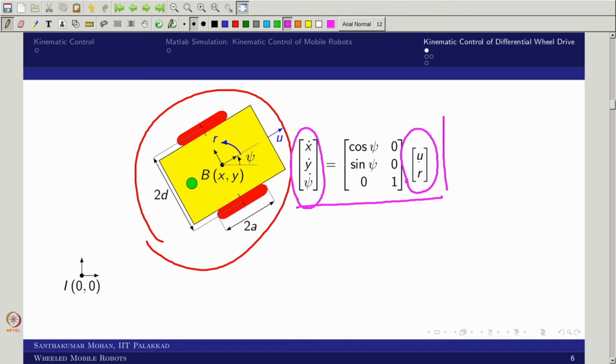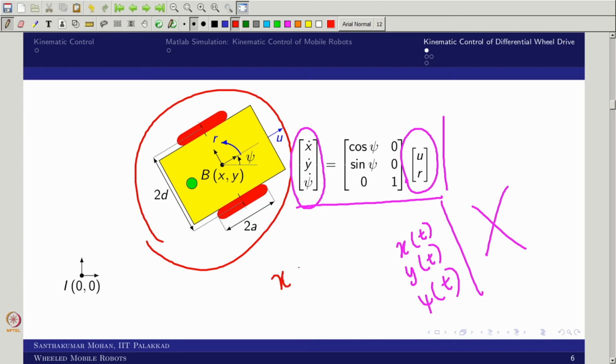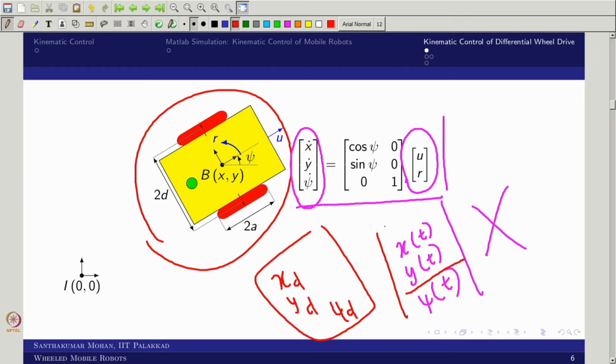So now you need to follow this, right. In that sense, this is not at all possible straight away. So what can be possible? You can give some constant x desired, y desired and psi desired as a step input, then that is followable. But if you give it this way, of the 3, only 2 of the states can be controlled.